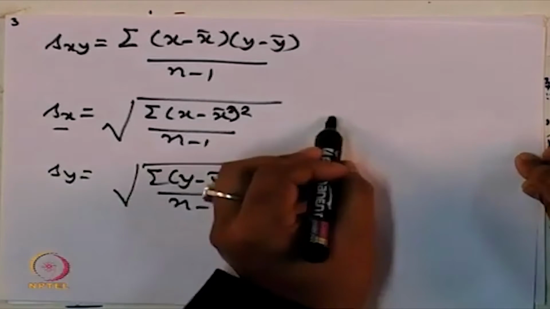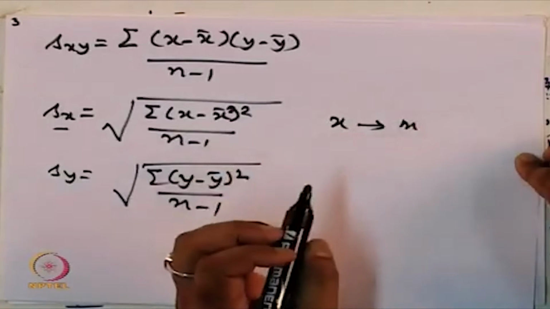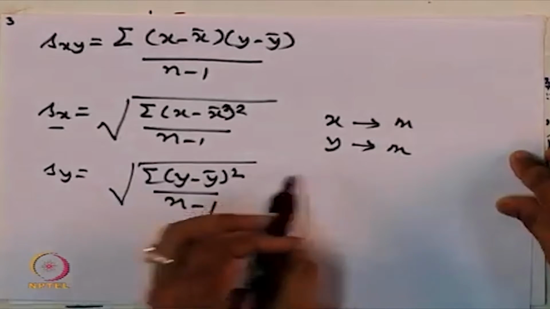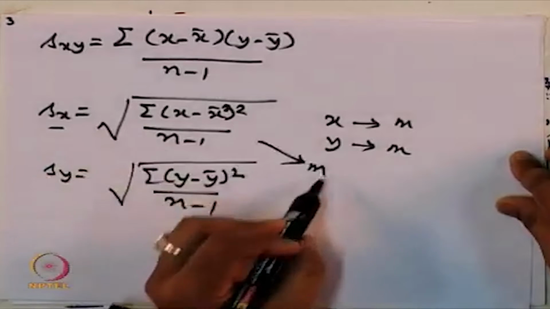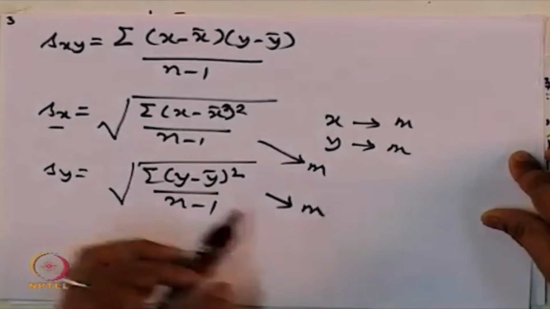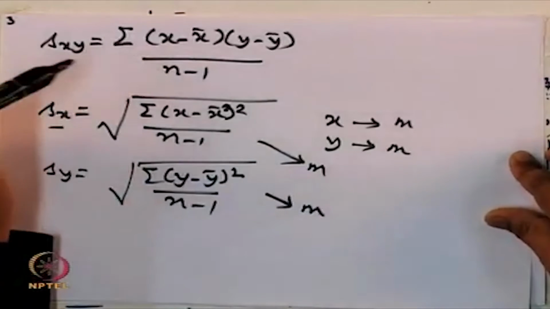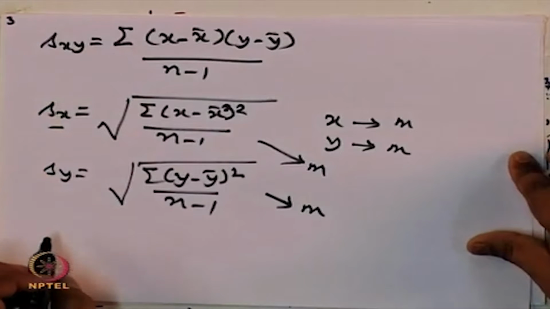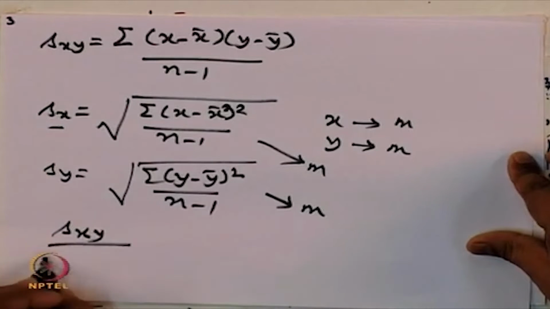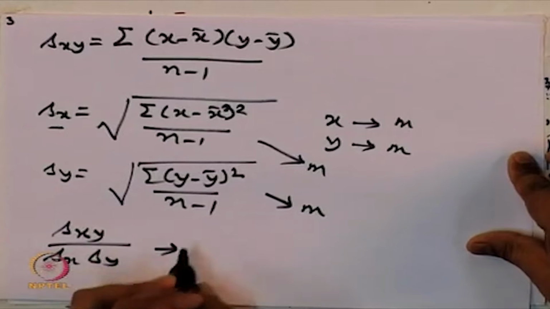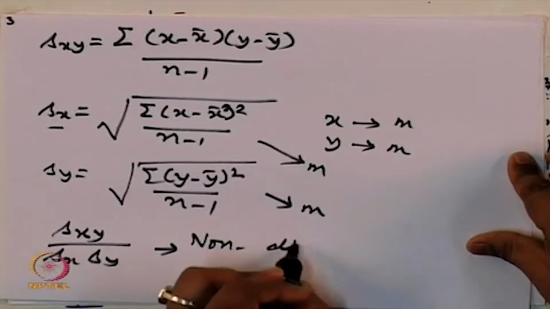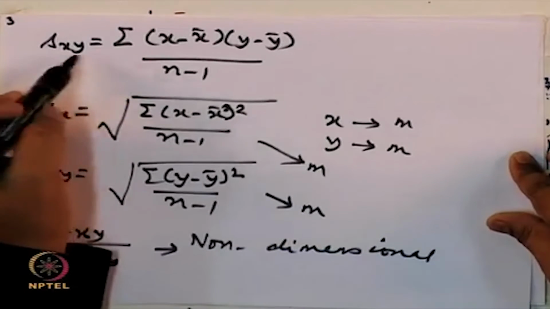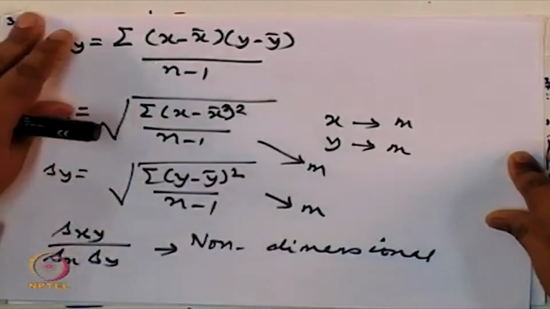If x has units of meters, let us say, and y has units of meters, then Sxy will give me a value of meter square, Sx will give me a value of meters, Sy will also give me a value of meters, and the bottom portion should also give me a value of meter square. So, Sxy by Sx times Sy should be non dimensional. And this is why the root does not exist in Sxy.